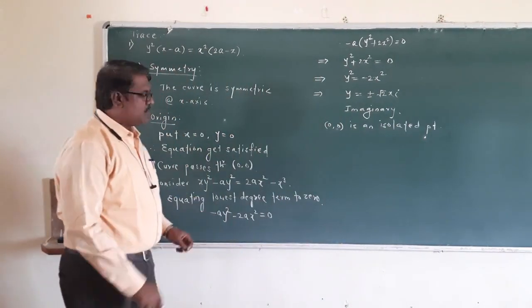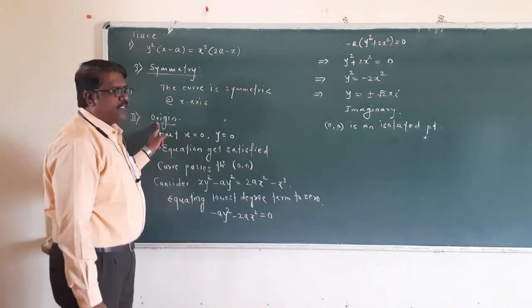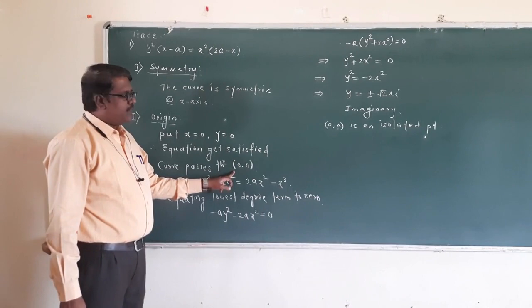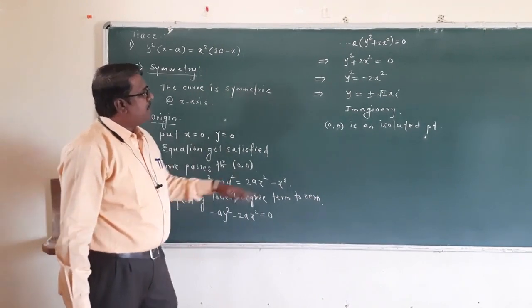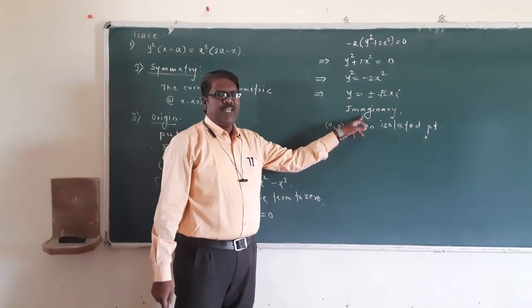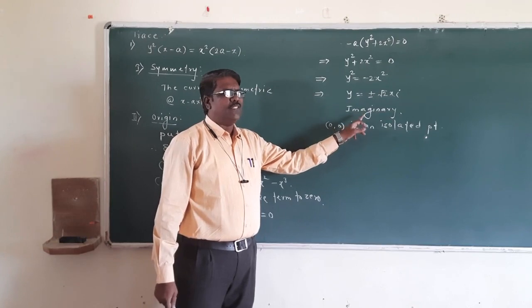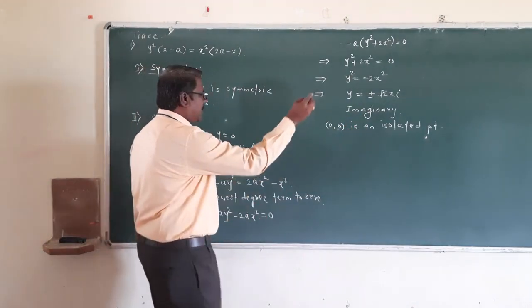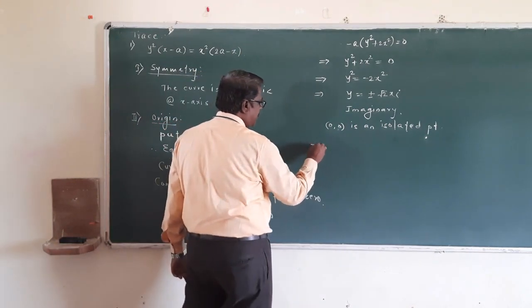Is it understood? So we got origin is present for the given curve, and at origin tangents are imaginary, and therefore origin is an isolated point.